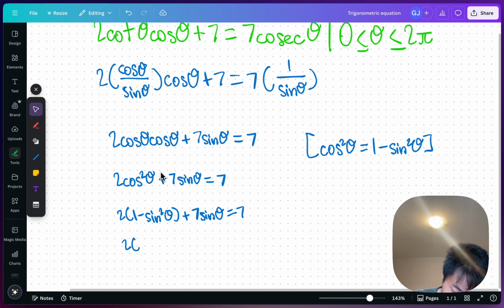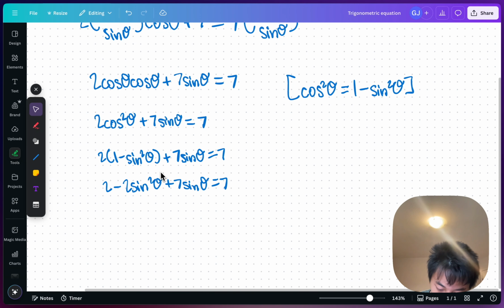And expanding out the bracket, now it's starting to look like a quadratic equation, so we should isolate everything onto one side, and the other side is 0.